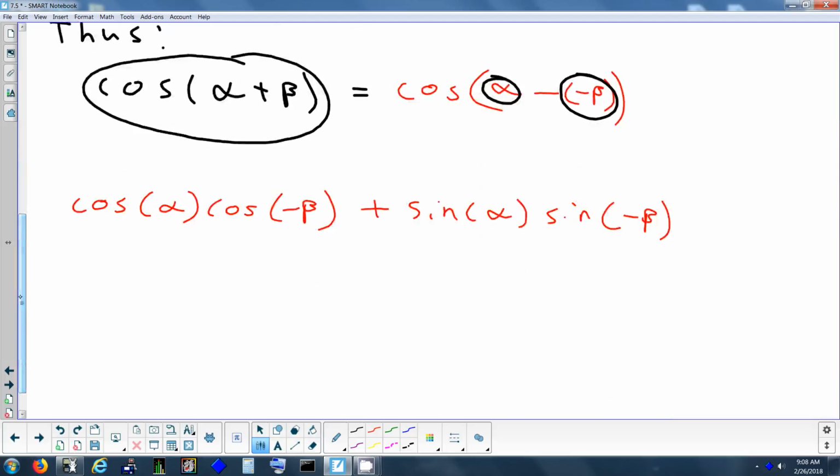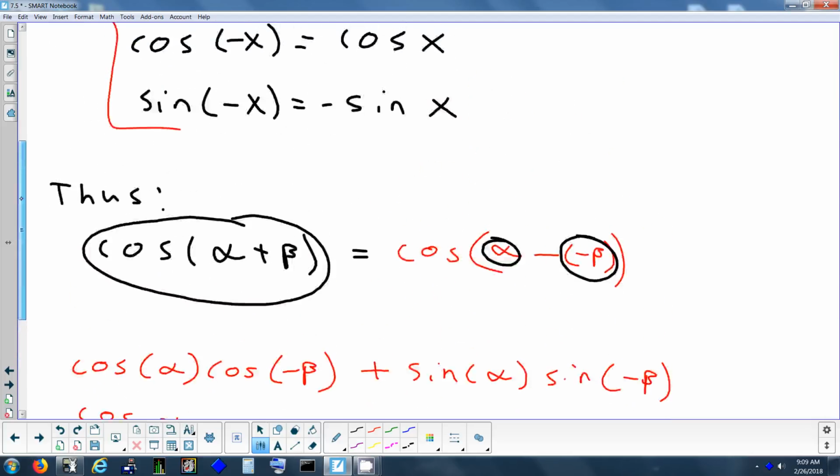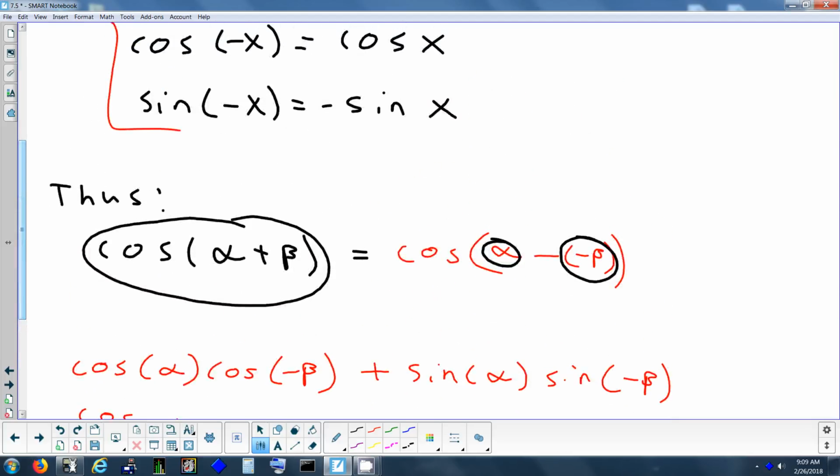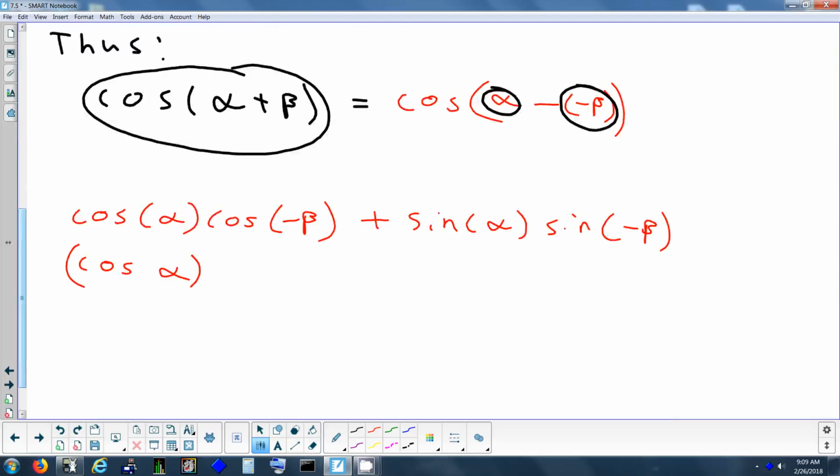So, cosine alpha, that's just going to stay the same. How about cosine negative beta? What can I do with the negative in front of beta? Yep, Jamie, you could just take it out. Doesn't make a difference. We can totally get rid of it. Now the next part, I have sine negative beta. Can I just get rid of the negative on the beta? Yep.